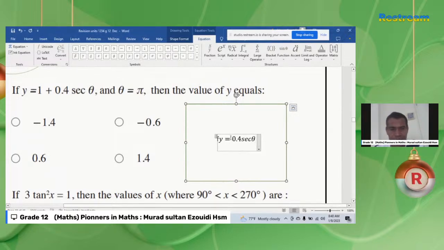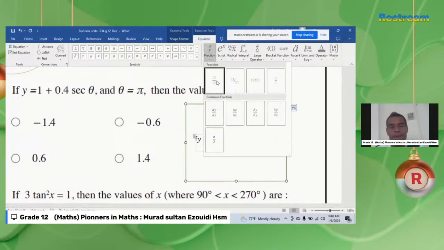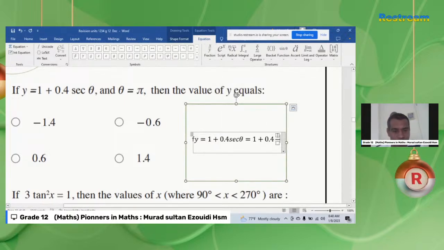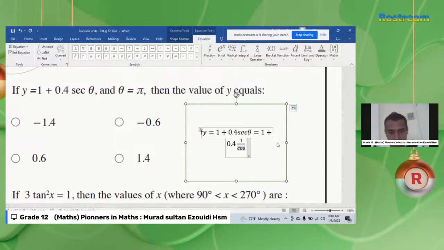This is my original equation. But you already know that sec of theta is 1 over cosine theta. This one can be written as 1 plus 0.4 multiplied by 1 over cosine of the angle theta.